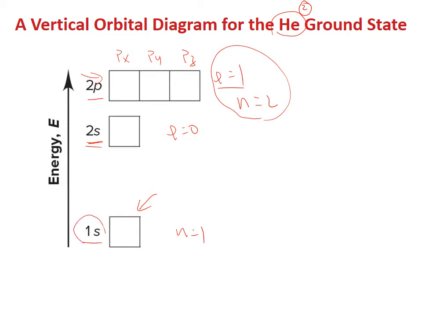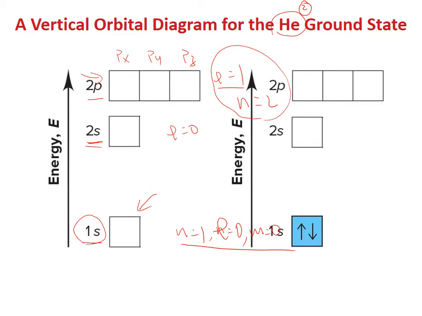So for the 1s orbital, n equals 1, l equals 0, m equals 0. So the 2 electrons have the same quantum numbers n, l, m. So the spin quantum number cannot be the same. One must be spin up, one must be spin down. So here is the orbital diagram for helium: 2 electrons, both in the 1s orbital, one spin up, one spin down.